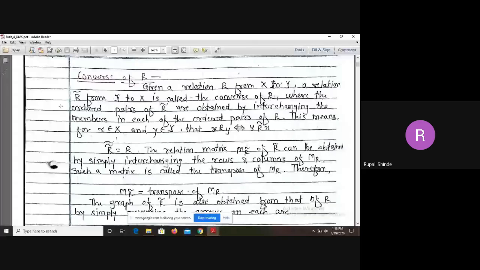And third, if the graph for R is given, then we can find the graph for R converse by just changing the direction of arrows on each and every arc. So these are some points related to converse of R. Have you understood?